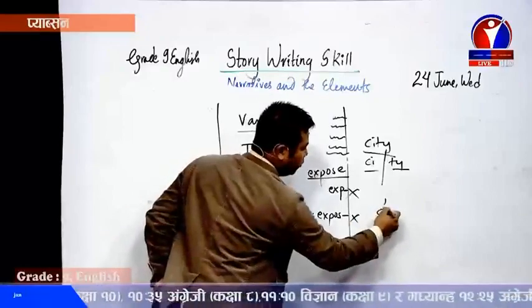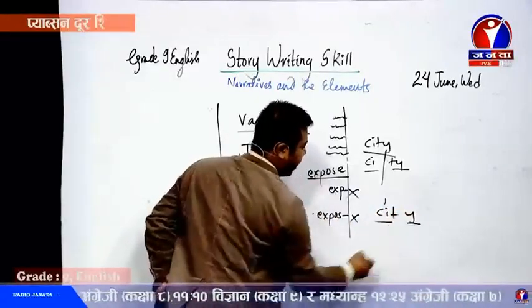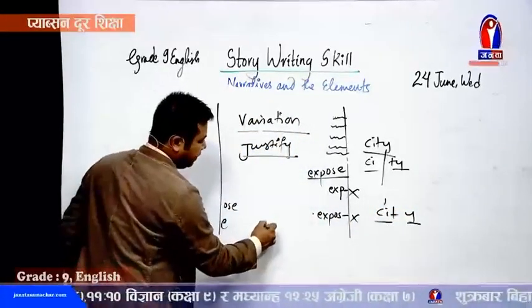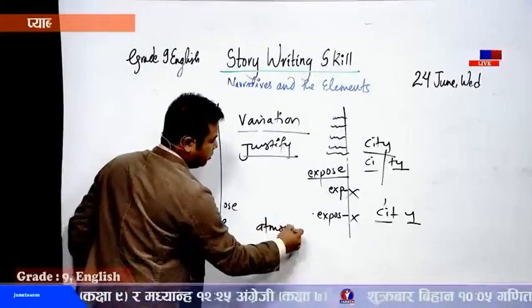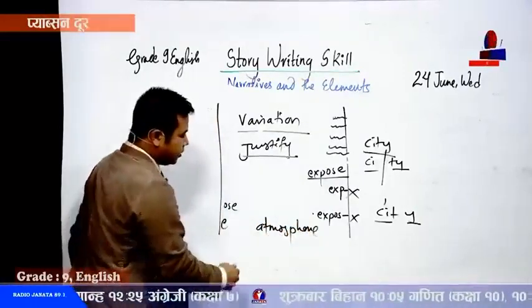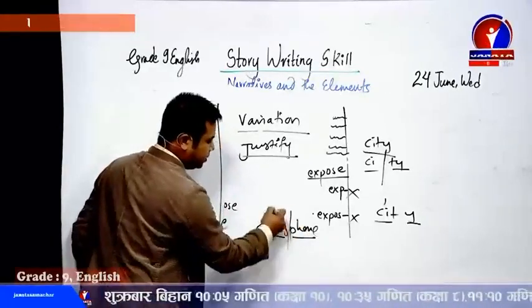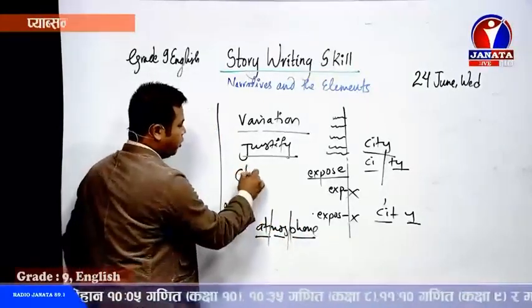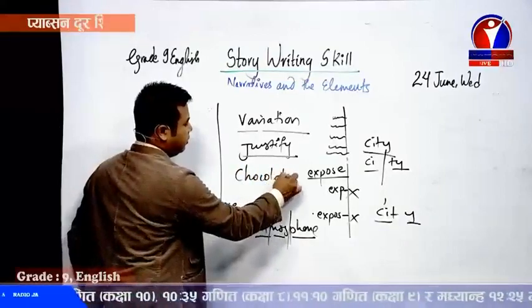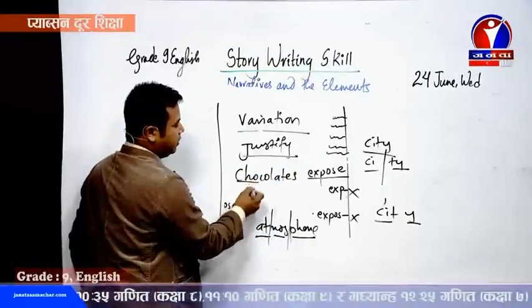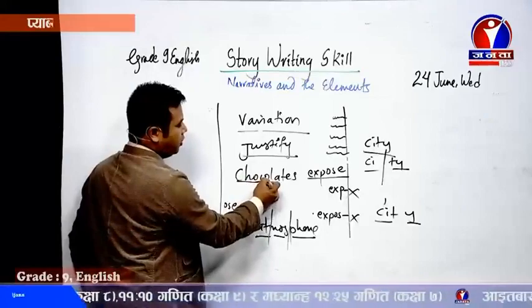I cannot break the word city like CIT and Y. Or if it is a long word like atmosphere, I can break it at at, mos, and then fear, because this is a 3-syllable word. If you go with chocolates, I cannot break it here because this is like chalk and lets.